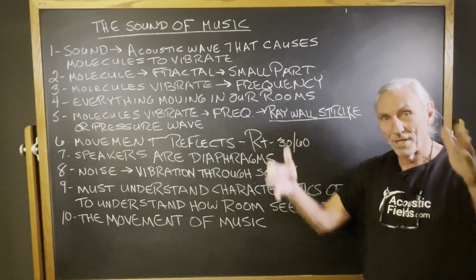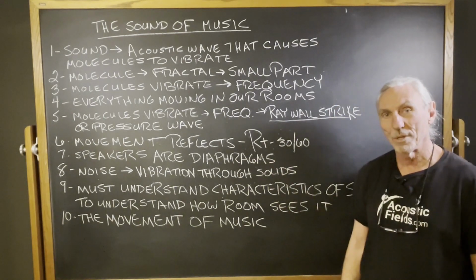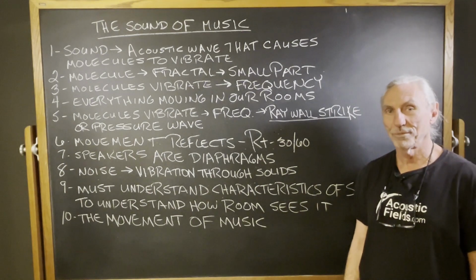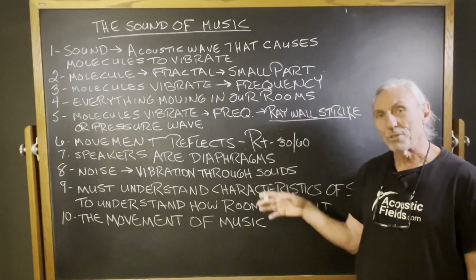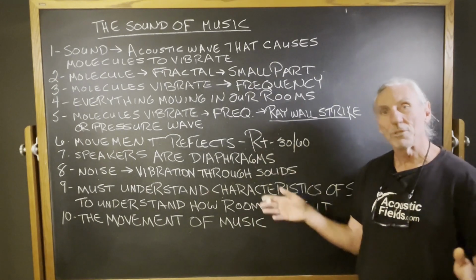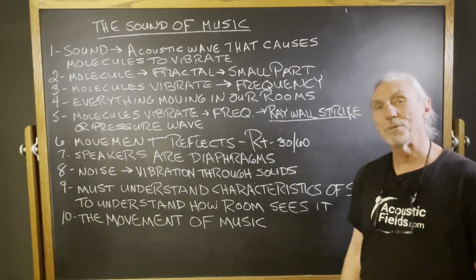Ceiling, floor, sidewalls, front to rear, 6 surface areas that we're working with. So lots of variables, lots of issues to resolve. So in treating those issues, we have absorption and diffusion, and that's what we work with. The sound of music. Hope this helps.